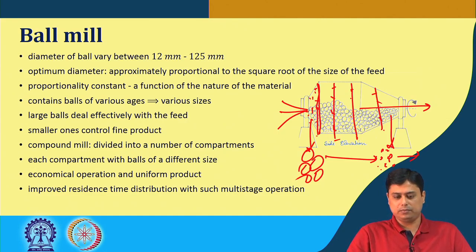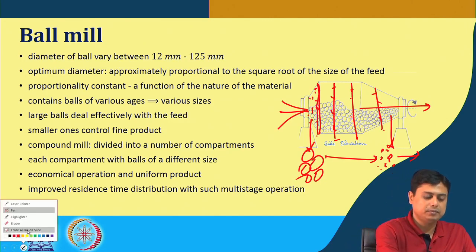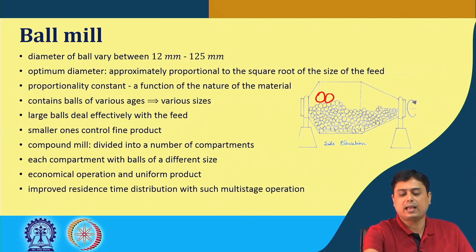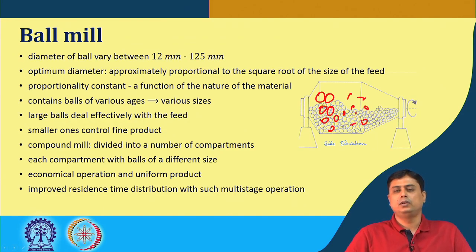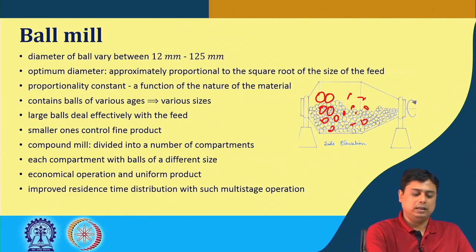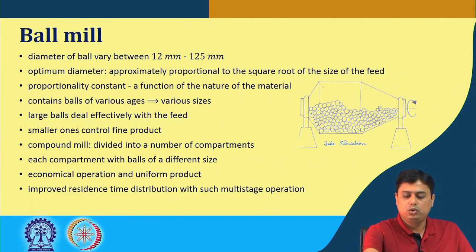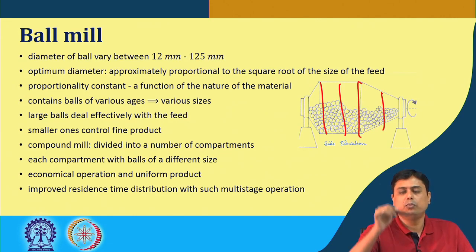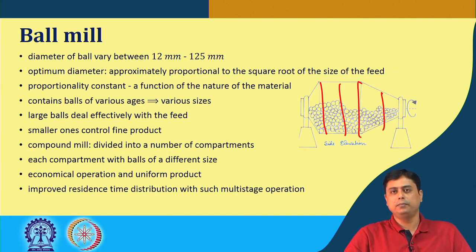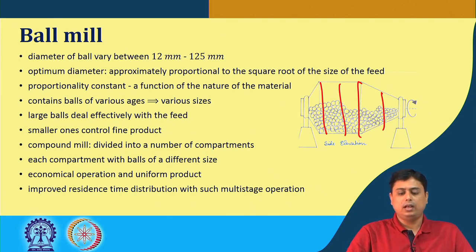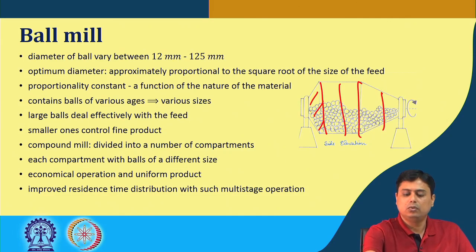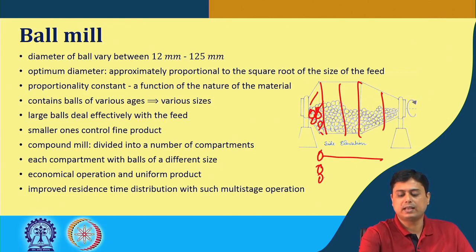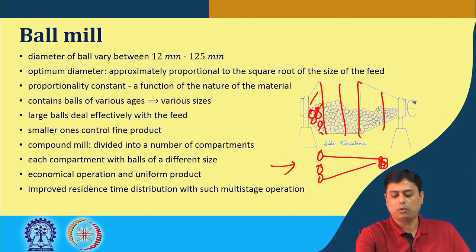So, there are two scenarios: one is that you take a single compartment and use different sizes of balls in it, or the other is that you make different compartments in the ball mill by vertical screens, and in each compartment we use uniform size balls, from bigger to smaller ones, from the feed to the product direction.